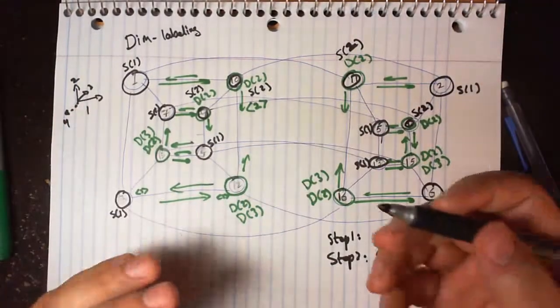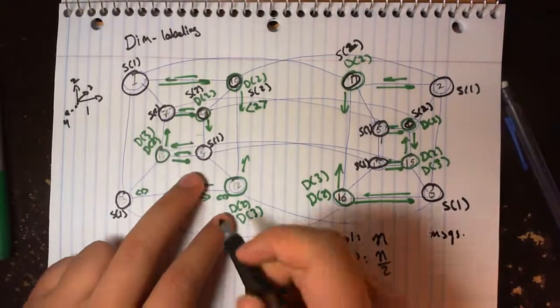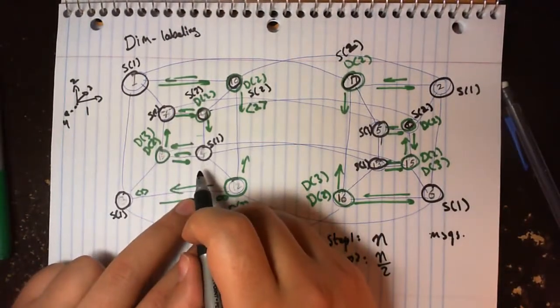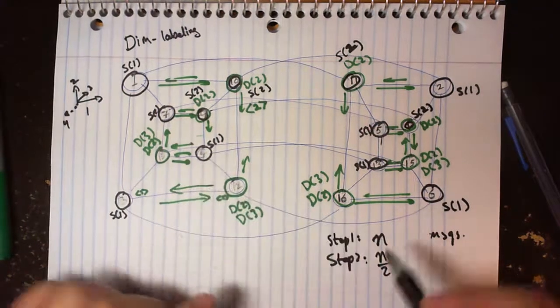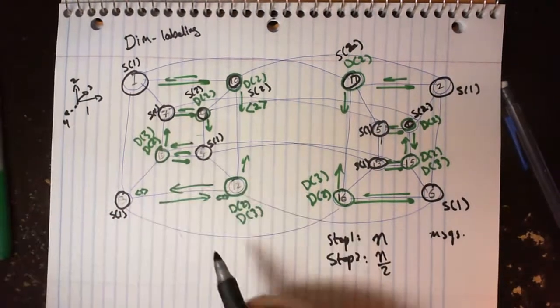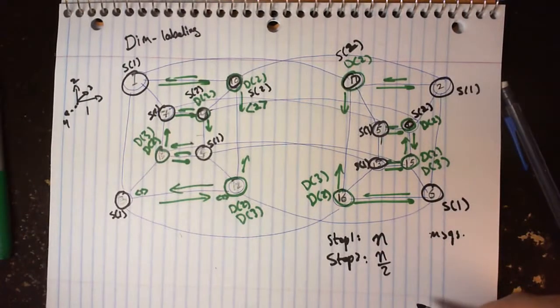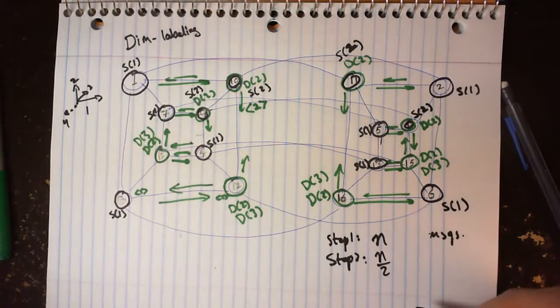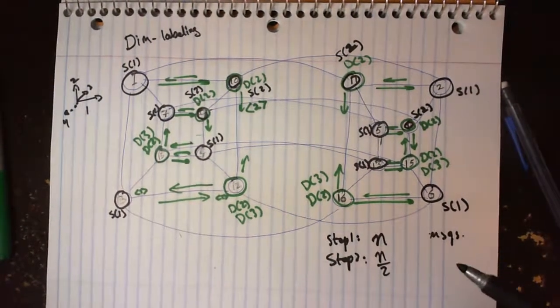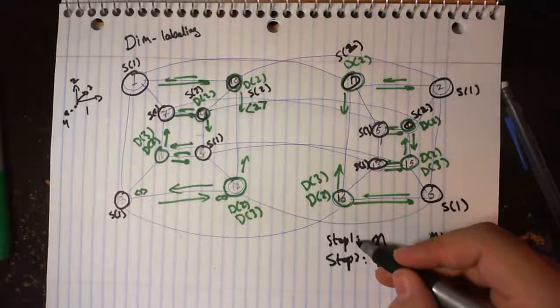So if there was anything forwarded, it would have been forwarded by at most, in step 2, once. So it becomes n divided by 2, and at most they're going to forward it to one step below them.